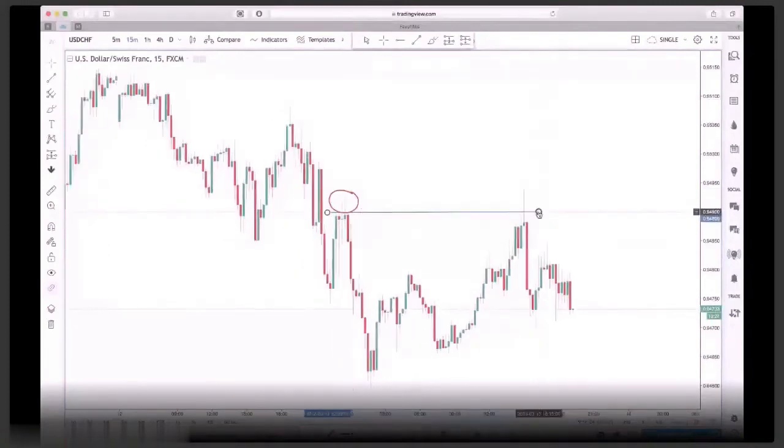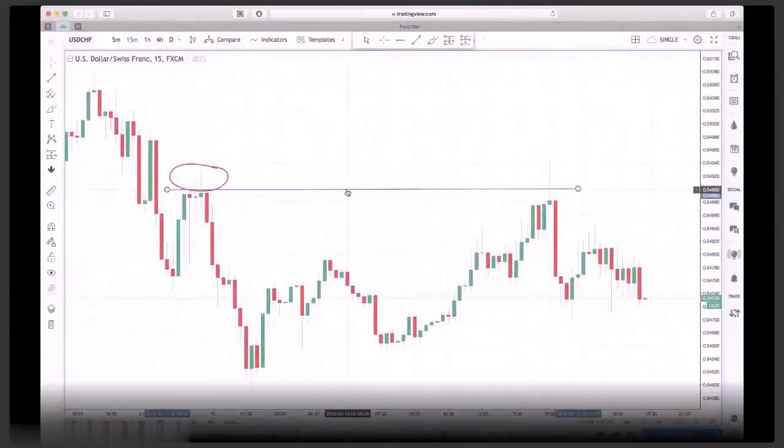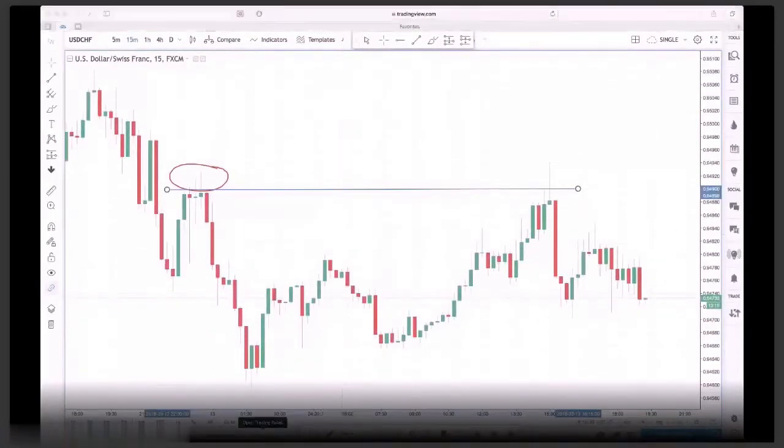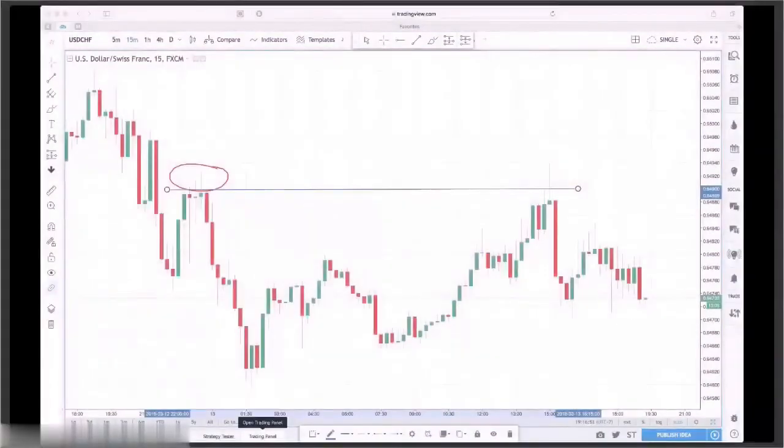Let me increase my screen size so it's visible to everybody, and I'll make my lines a little bit thicker and maybe a different color as well. Can everyone see that line right there? If I was to just take that line all the way across.